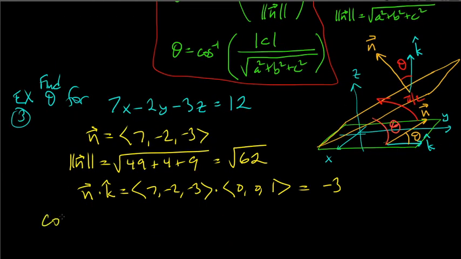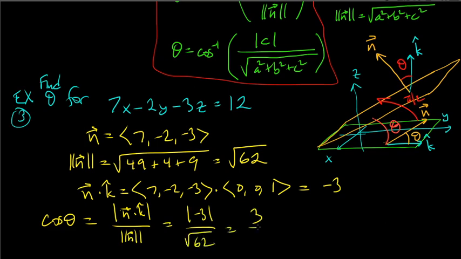So the cosine of theta is just going to be, again, absolute value of n dot k over the magnitude of n. So in this case, it's the absolute value of -3 divided by the square root of 62, which is 3 over the square root of 62. So the angle of inclination then is just the arc cosine, or inverse cosine, of 3 over the square root of 62. And you can just use your calculator.